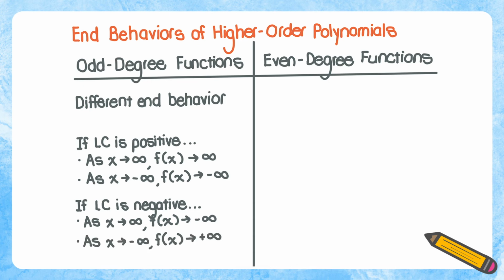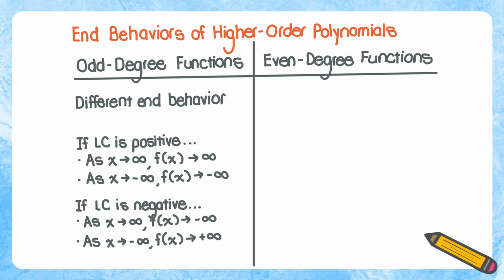And as x approaches negative infinity, so as we go to the far left, f of x, our y value, approaches positive infinity. We keep going up. But regardless of whether the leading coefficient is positive or negative, odd degree functions have different end behaviors on each end.